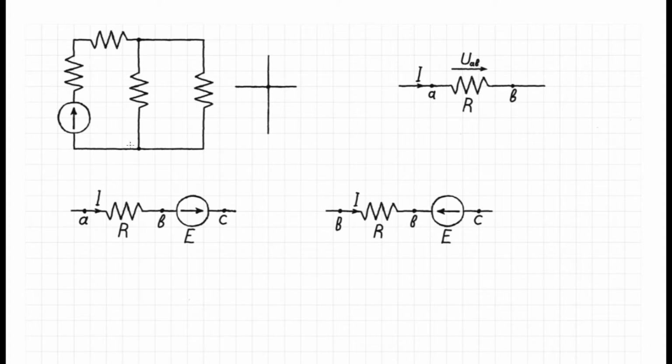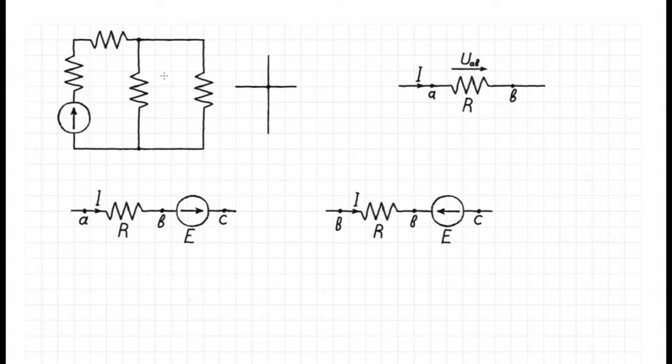We here can see a circuit which consists of three branches, a branched circuit. It's important. This circuit contains three branches and two knots.